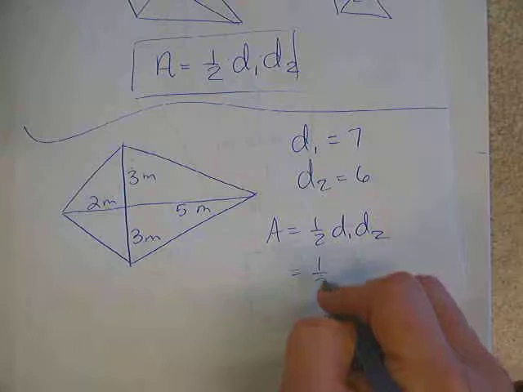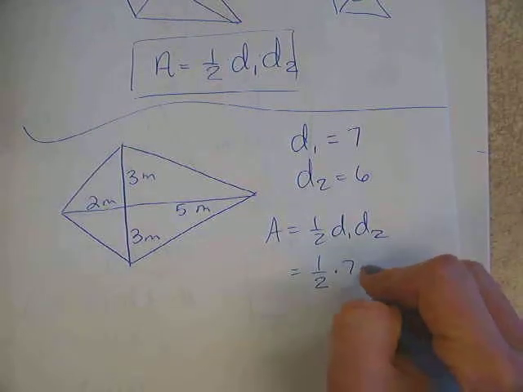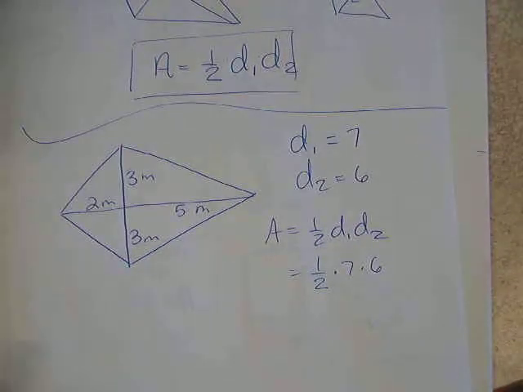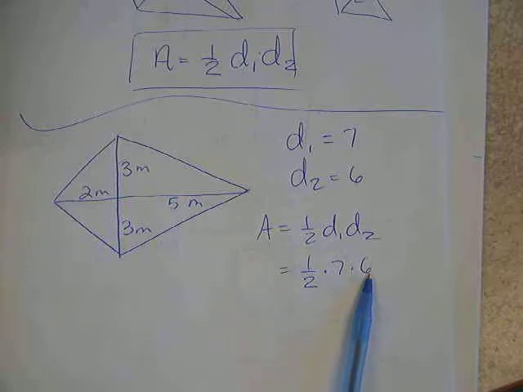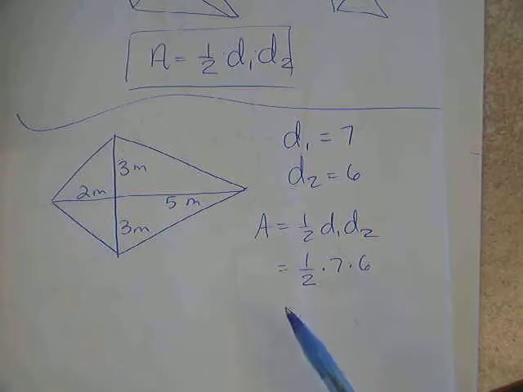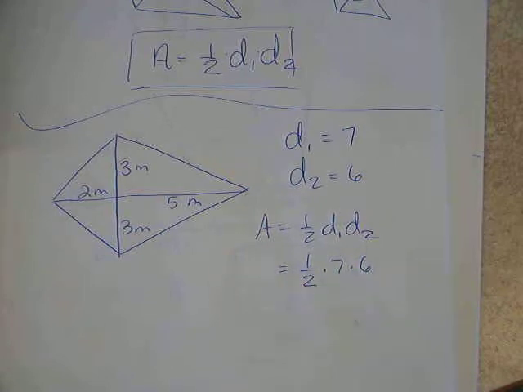Diagonal 1 is one of them, so we'll just say it's the long one, that's 7. Diagonal 2 is 6. So your formula would be plugging into that. So you'd have 1/2 times 7 times 6.